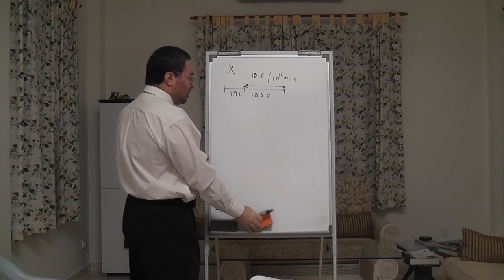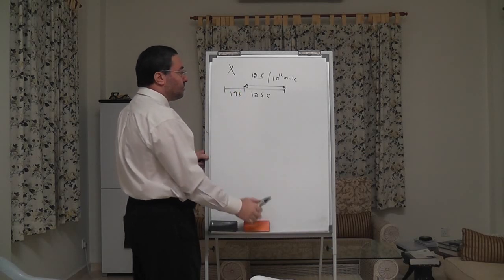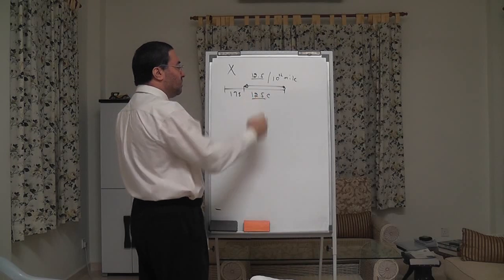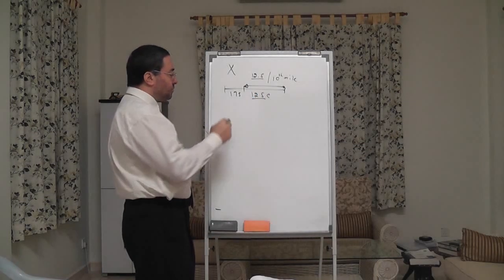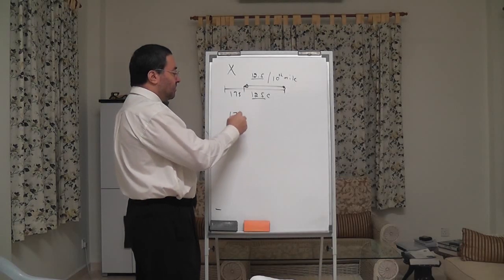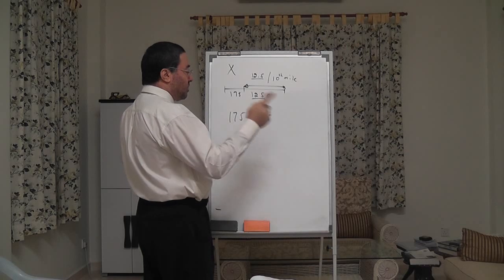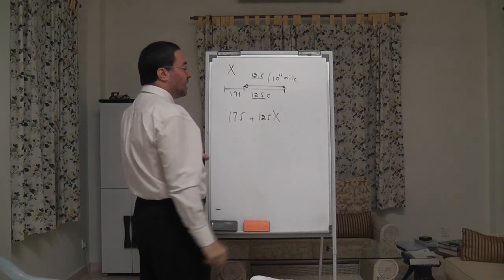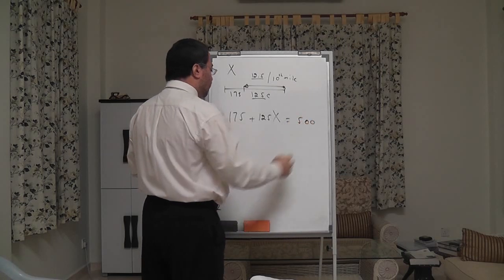Again, let's change everything to cents, and here will be 175 cents. So the first mile, 175 plus 125 per mile times x miles, that should equal to 500.